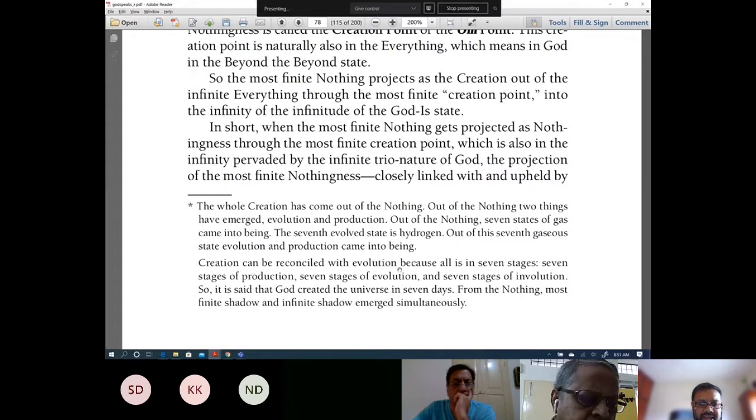Creation can be reconciled with evolution because all is in seven stages of production, seven stages of evolution, and seven stages of involution. So it is said that God created the universe in 7 days. From the nothing, most finite shadow and infinite shadow emerged simultaneously.